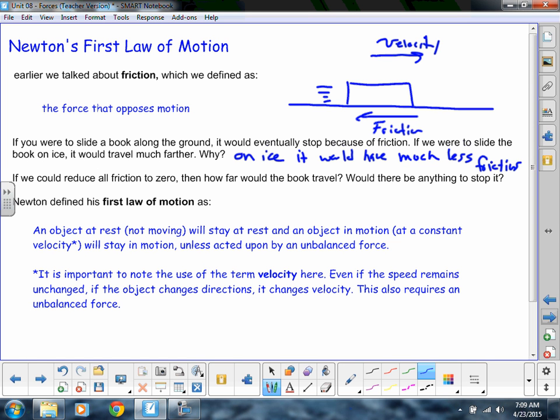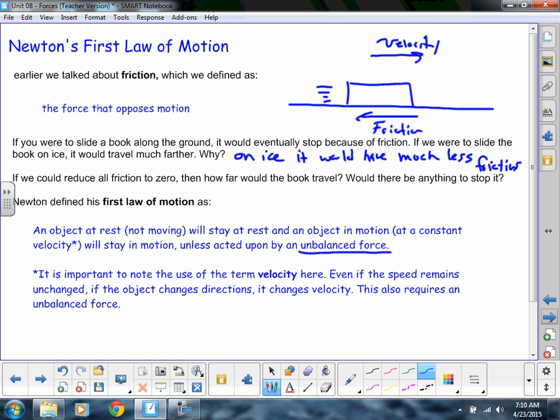So Newton defined his first law of motion as: any object at rest, which means not moving, will stay at rest, or an object in motion at a constant velocity will stay in motion unless acted upon by an unbalanced force.